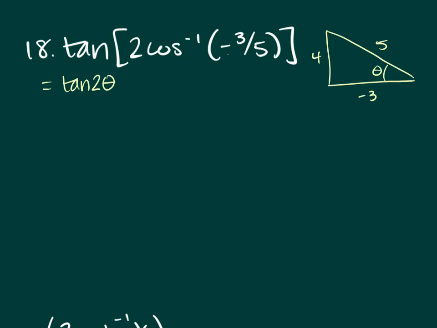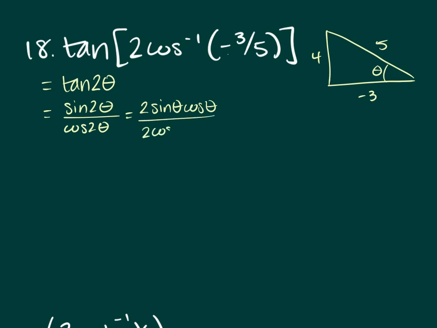So then tangent 2 theta, we don't actually have a given formula for it. So what I'm going to do is use identities to make it sine 2 theta over cosine 2 theta, which is equal to 2 sine theta cosine theta over 2 cosine squared theta minus 1. And then I'm going to plug in. So I have 2 times sine theta, which is 4/5, times cosine theta, which is negative 3/5, over 2 times negative 3/5 squared minus 1.